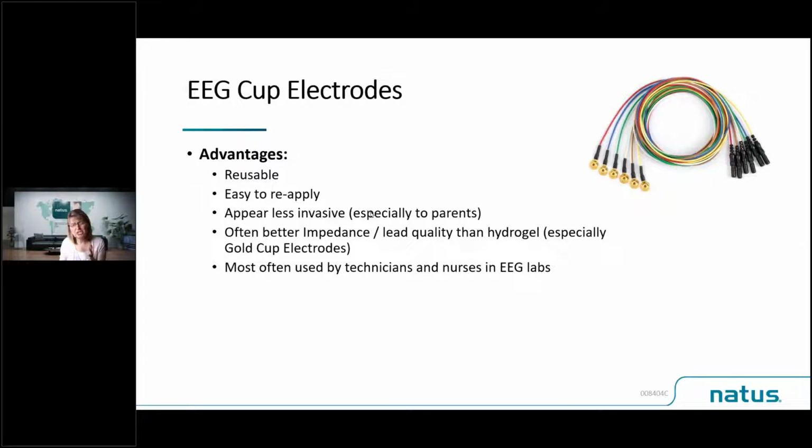Again, sometimes you get better impedance and you get very good tracing if you really are using the gold cup electrodes. And just for reference, these are the electrodes most frequently used by technicians in EEG labs. So if you needed to troubleshoot anything with cup electrodes, then you can call your EEG technicians, and they're very experienced and likely to be able to help you.